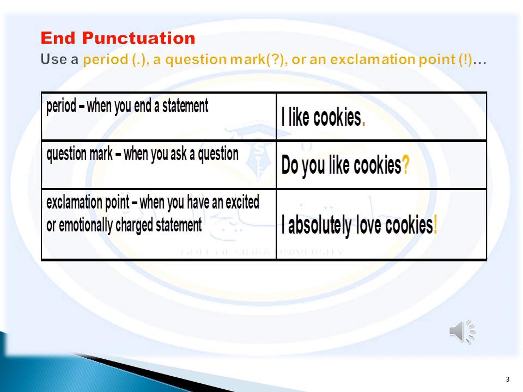The third end punctuation is the exclamation point. And this is the exclamation mark or exclamation point. It is not used in formal writing. Mostly we use a period instead of it in formal writing.